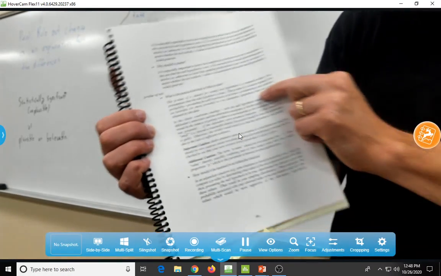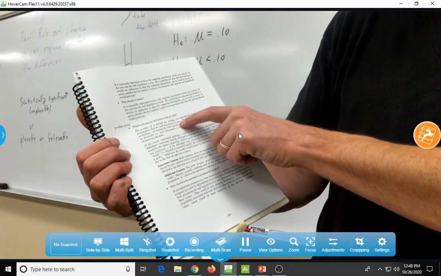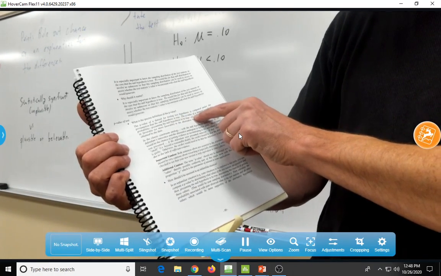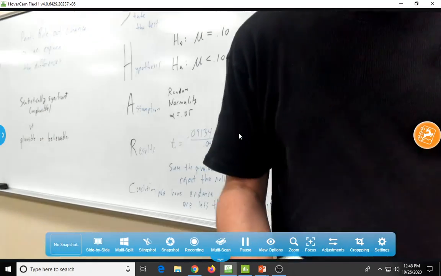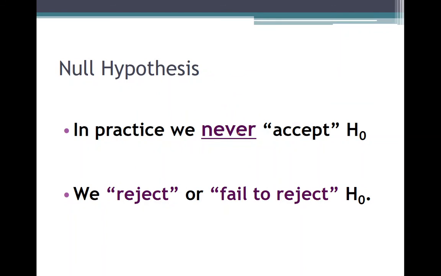So on page 99, under the p-value of a test, you can delete the first sentence, but keep the second sentence: the p-value of a data set equals the probability, presuming the null hypothesis is true, of obtaining a result such as this. So in practice, we never accept the null hypothesis. We either reject or fail to reject.